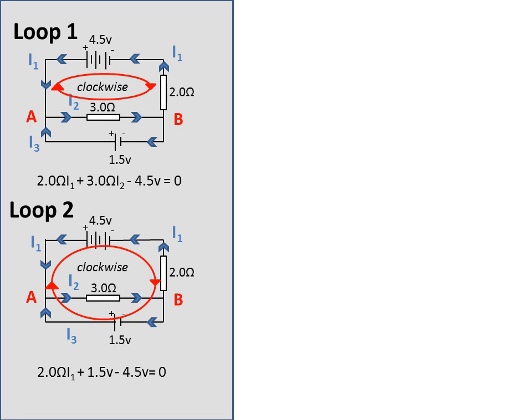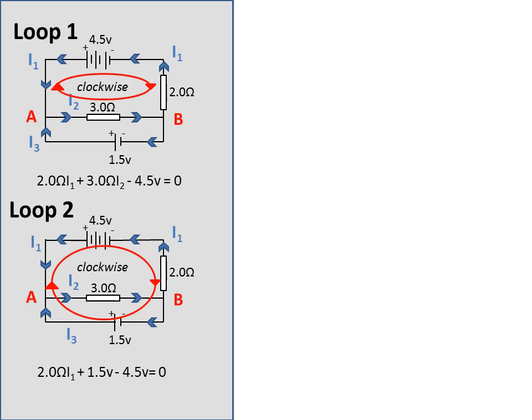I've done the big loop here, and I've gone through the bottom path in the direction that the cell would push the electricity, so it's plus 1.5 volts. And then when I go back to the top again, I'm going in the opposite direction, from positive to minus, so it's minus 4.5 volts. So I now have two voltage equations.